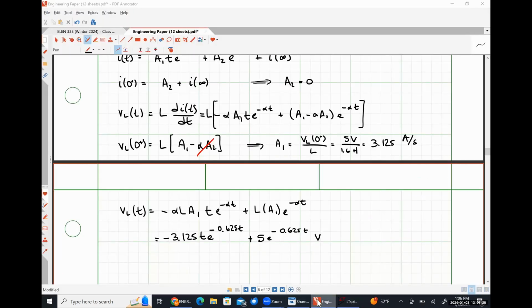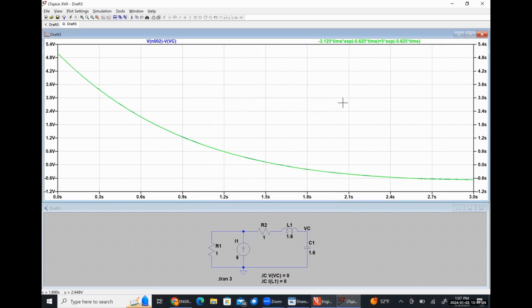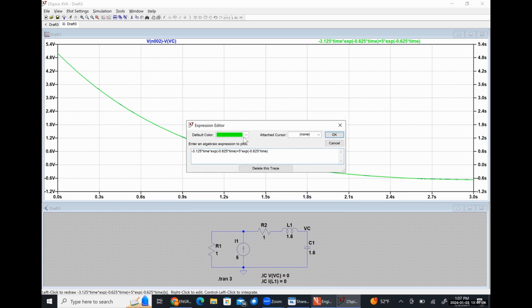So let's see, negative 3.125 times time times exp of negative 0.625 times time plus 5 times exp negative 0.625 times time. And change that to red just so it's easier for you guys to see.